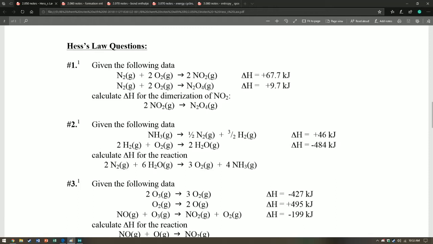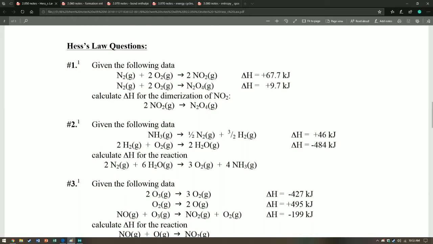N2 to N2O4. Now, what I would do is first note that anything that you have on both the product side and the reactant sides will cancel out. So, what if, say, we flip this reaction?